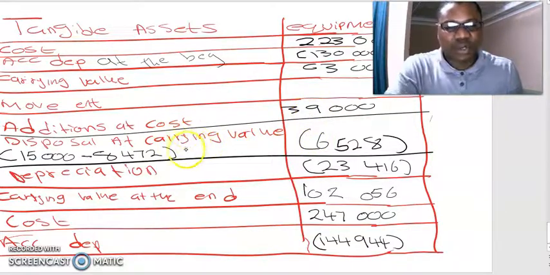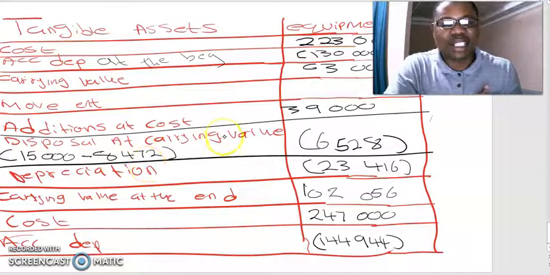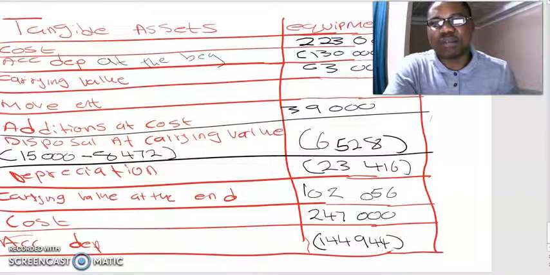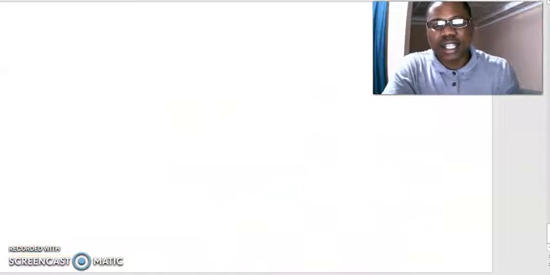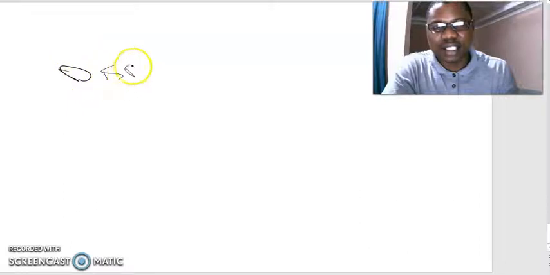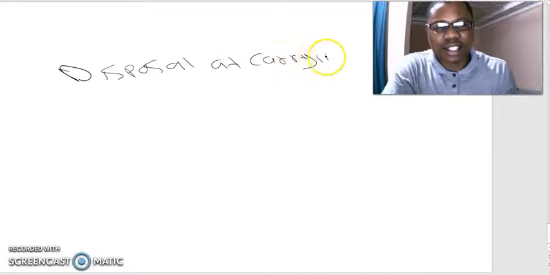The next thing that we're going to talk about here is the disposal at carrying value. This one is very important. Let me do this so that I can explain it further so that people can understand. This is a disposal at carrying value.